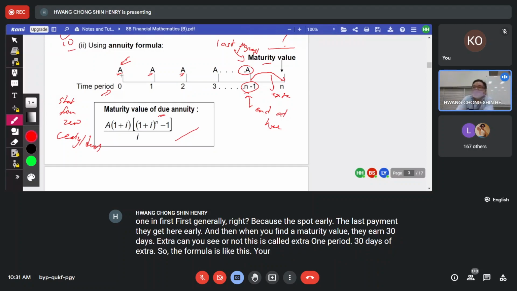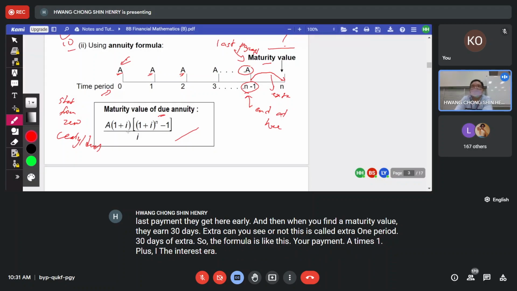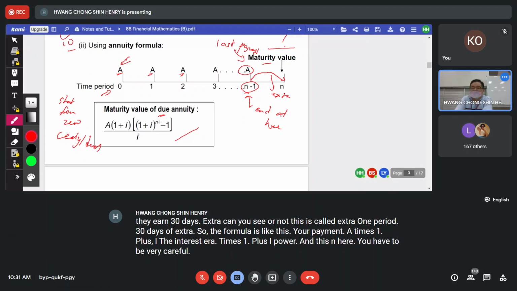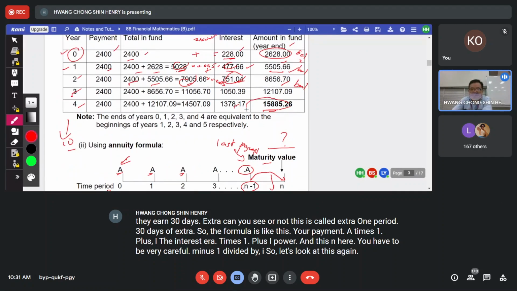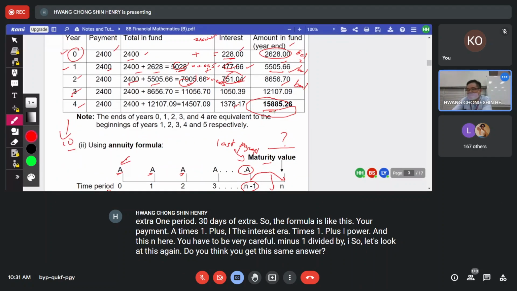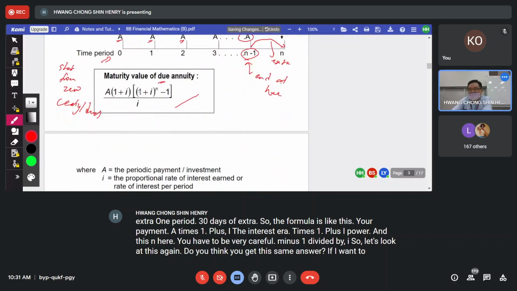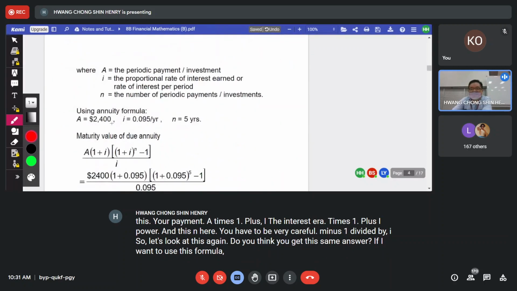So the formula is like this. Your payment, A times 1 plus I, the interest rate, times 1 plus I power n minus 1, divided by I. This n here, you have to be very careful. So let's look at this again. A is the periodic payment.